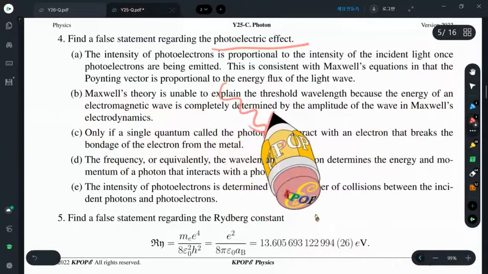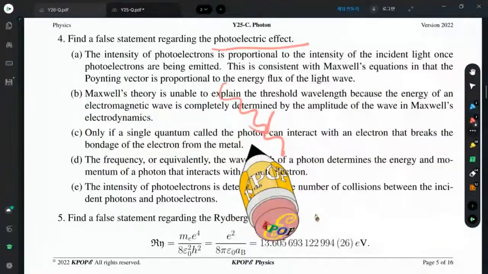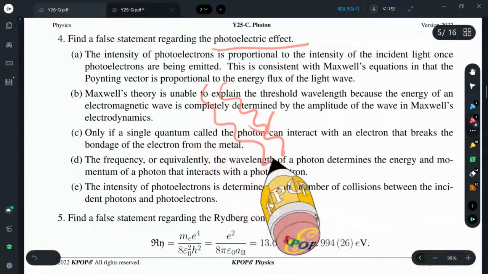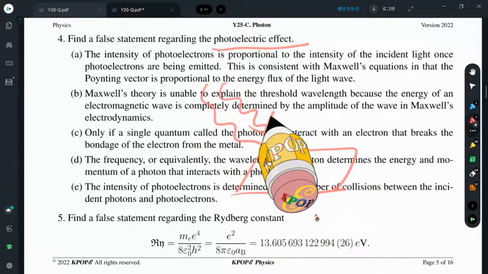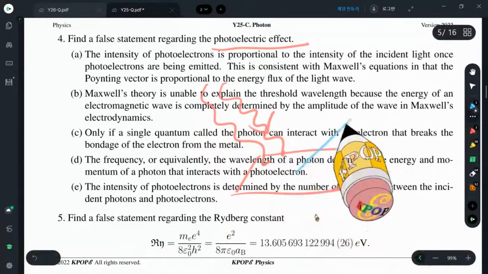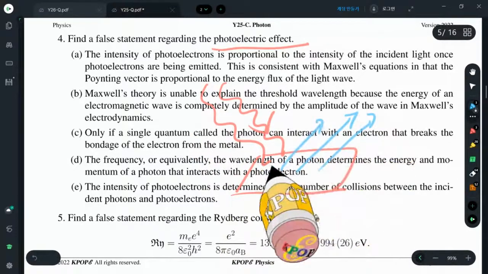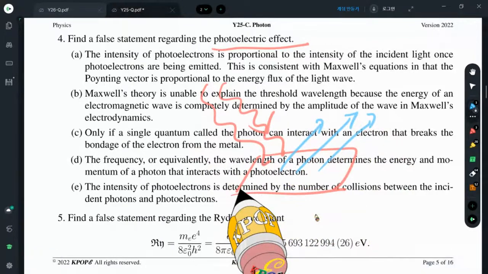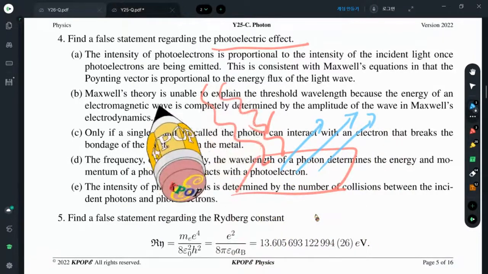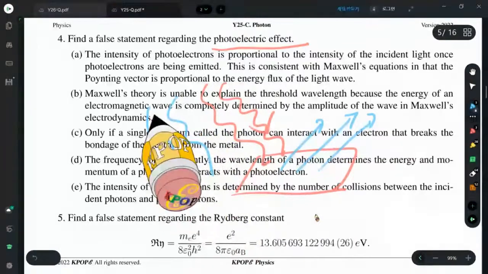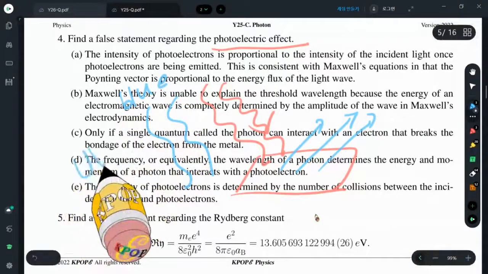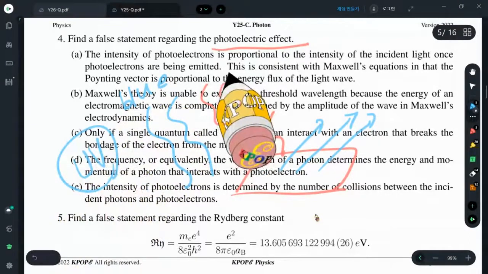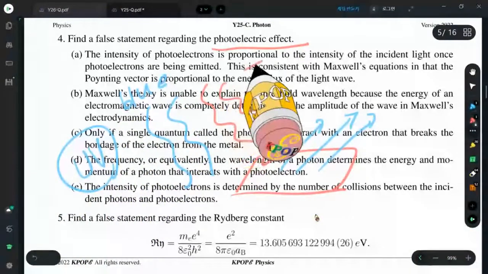So photon, and actually they didn't know what a photon was. Instead, they shed light on a metal, and then they found some electrons come out of the surface of the metal. But they changed the light: blue and ultraviolet, red, and infrared.